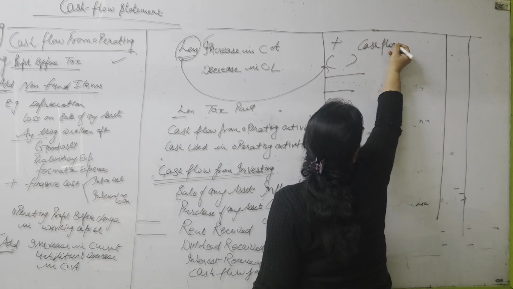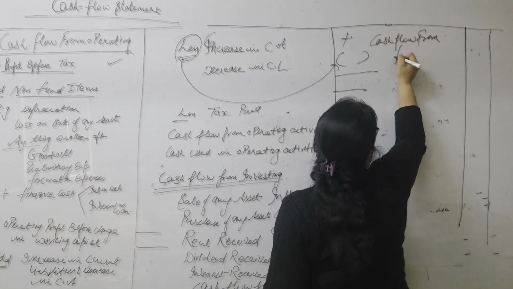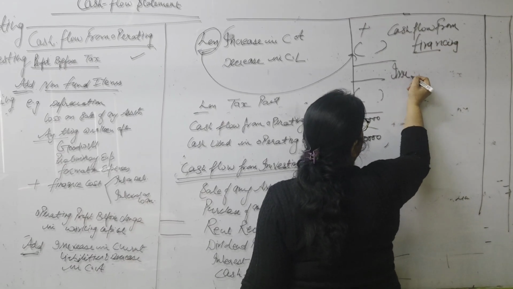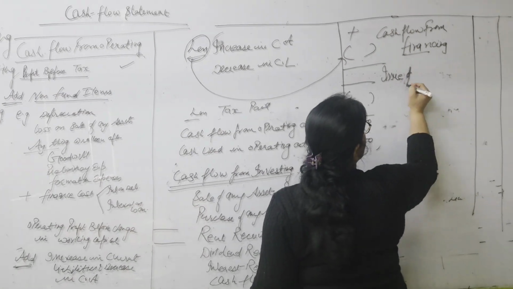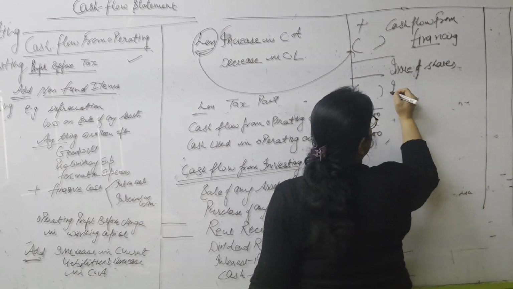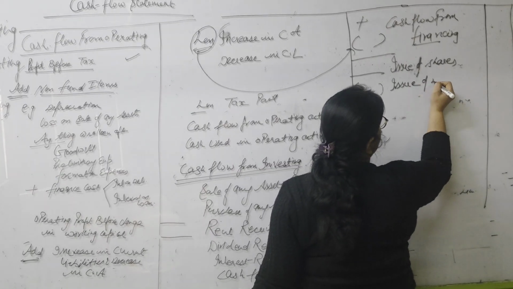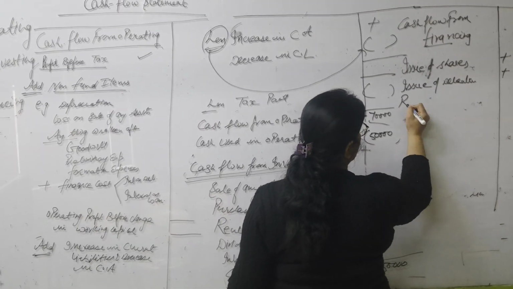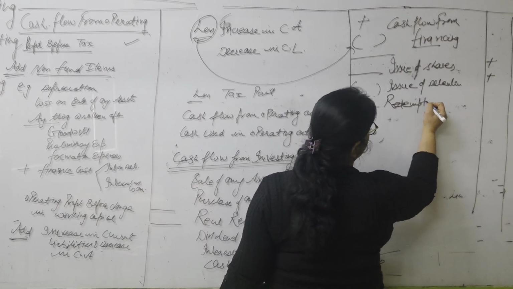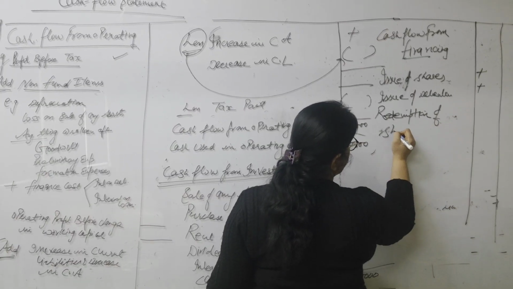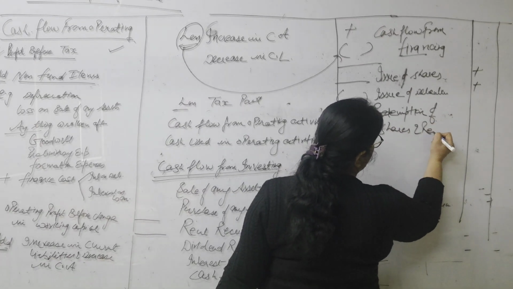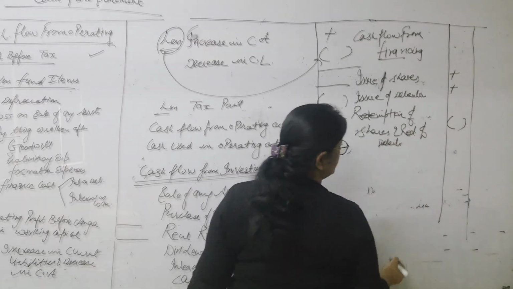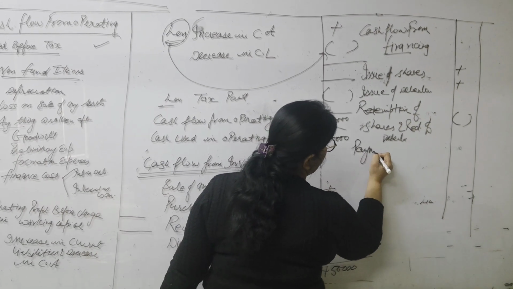Cash flow from financing. Issue of shares and issue of debentures plus, redemption of shares and redemption of debentures minus, payment of bank overdraft.